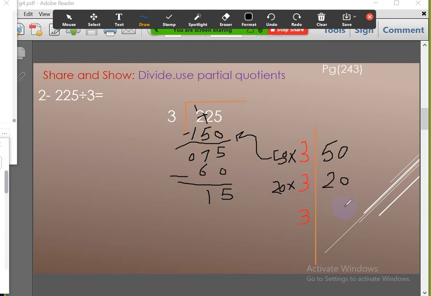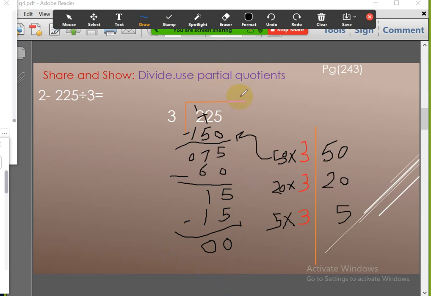No, not 10. 5. Very good, Lana. I will choose 5, because 5 multiplied by 3 equals 15. Now I will subtract. 5 minus 5 equals 0. 1 minus 1 equals 0. So I don't have any number left with me.